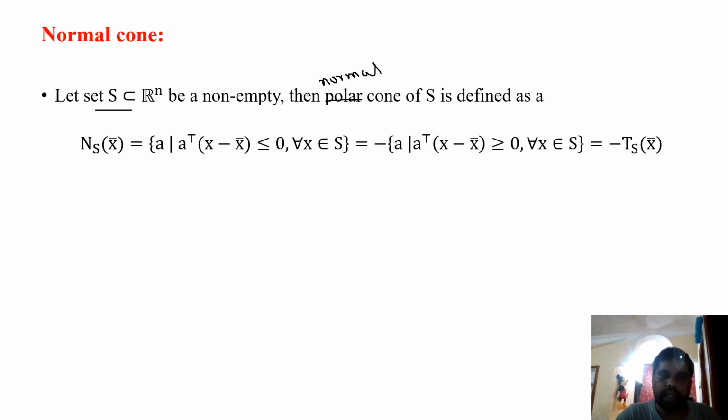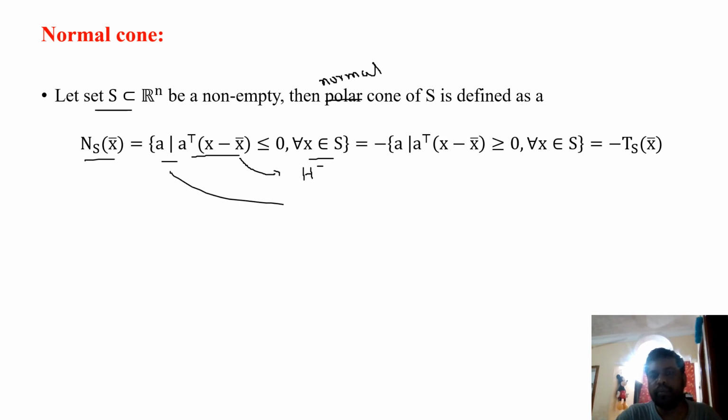Again, the normal cone is a collection of all the directions such that the supporting hyperplane divides the region into two parts, where the set happens to be in the negative half space. This relation says that the underlying given set is in the negative half space with respect to the supporting hyperplane. I'm not saying here a general separating hyperplane, but a supporting hyperplane.